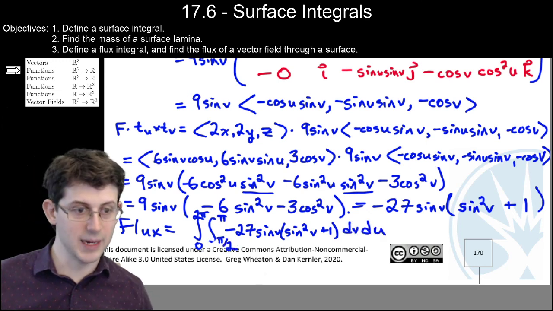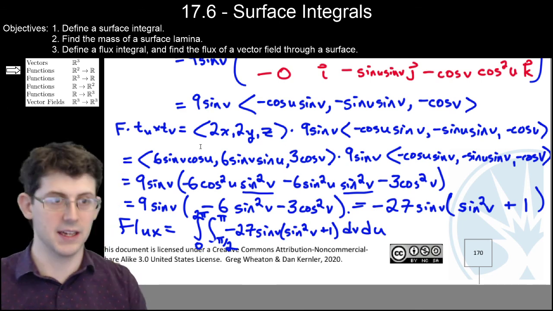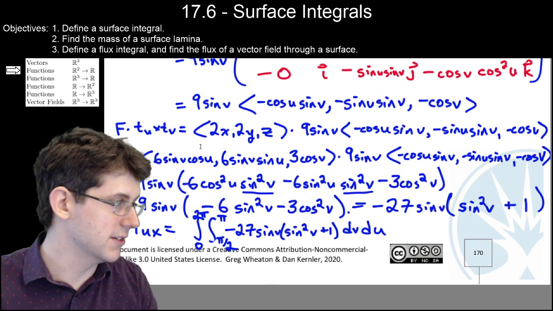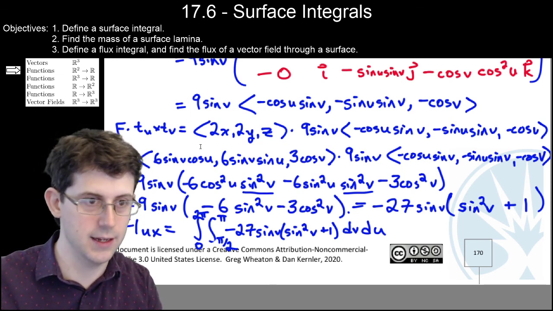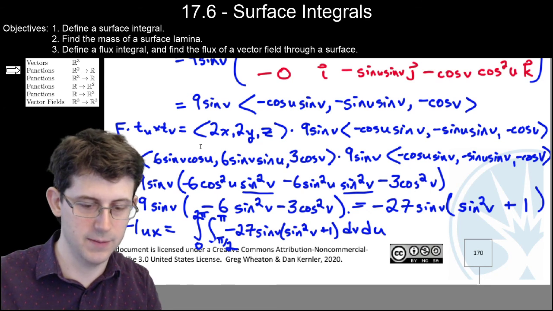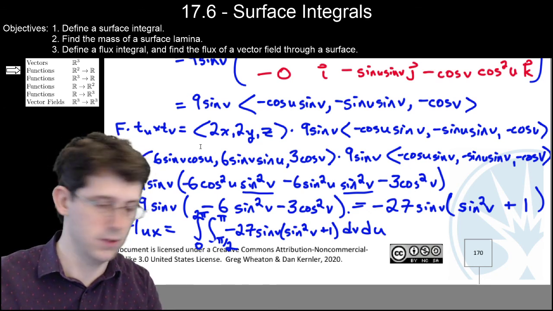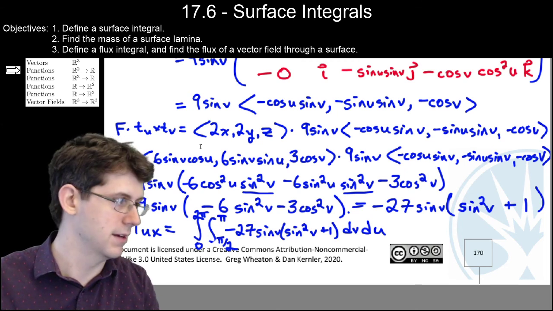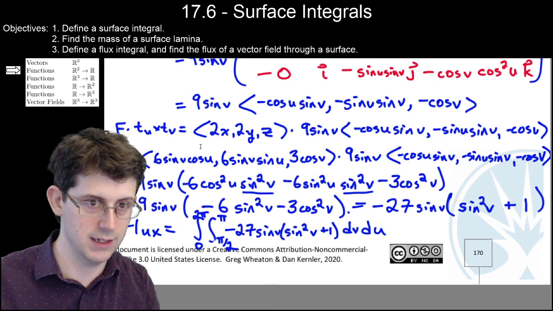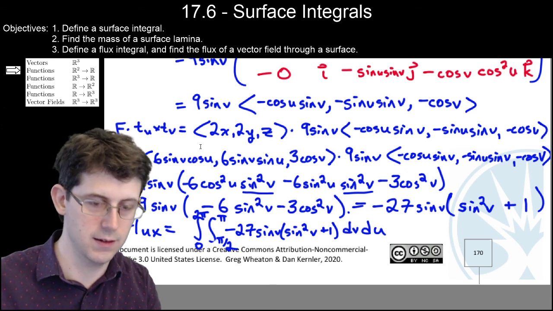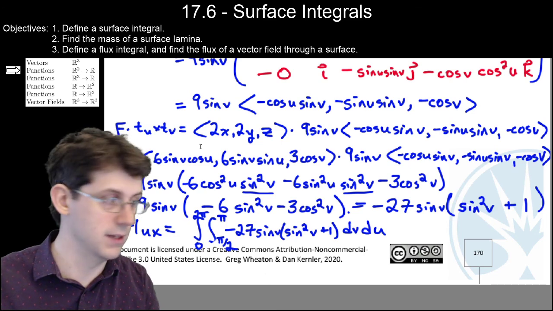I'm not doing that integral by hand, so we'll ask a calculator to do the thing it's good at. It's the integral from 0 to 2 pi, and then the integral from pi over 2 to pi of minus 27 sine v times sine squared v plus 1 dv du.